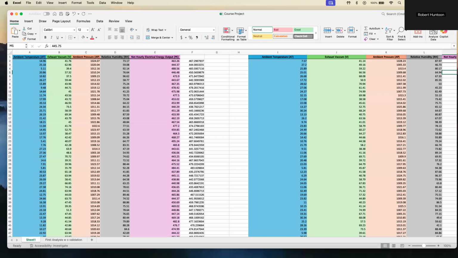Also, ambient pressure affects the density of air entering the power plant. All these features will allow us to analyze the data using an algorithm. We also have a tremendous amount of data to train and test with.